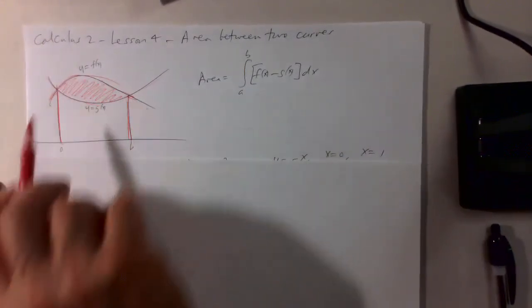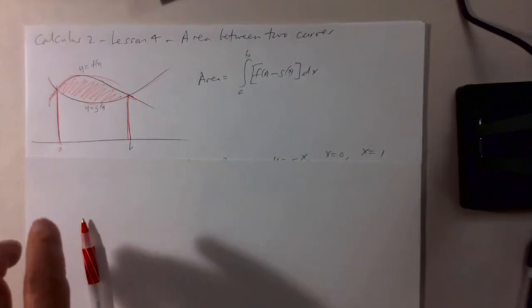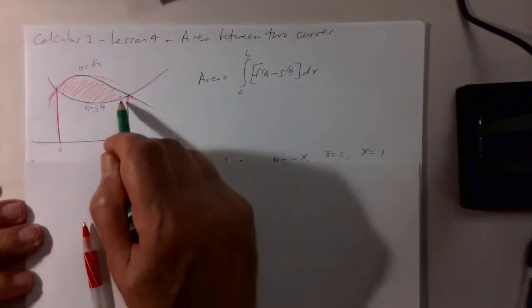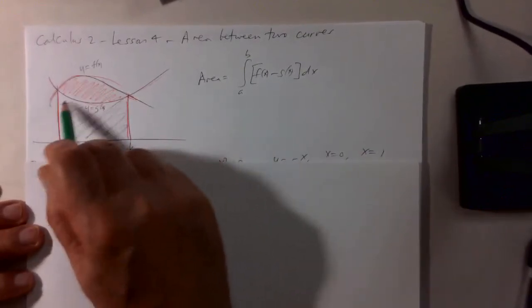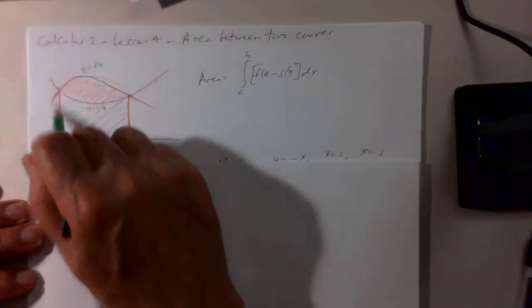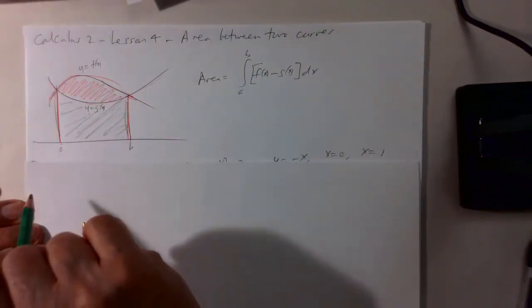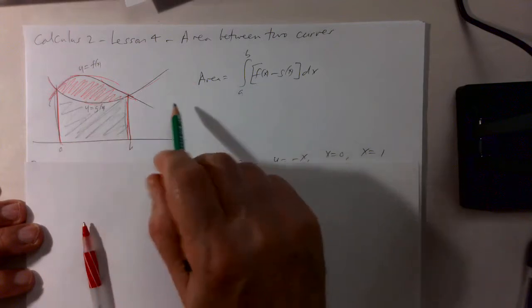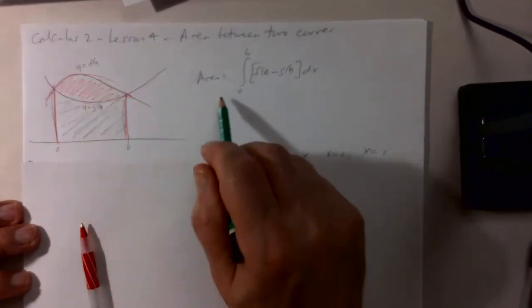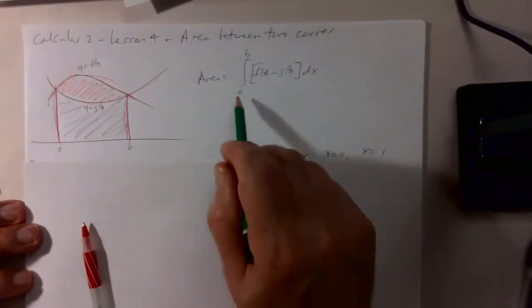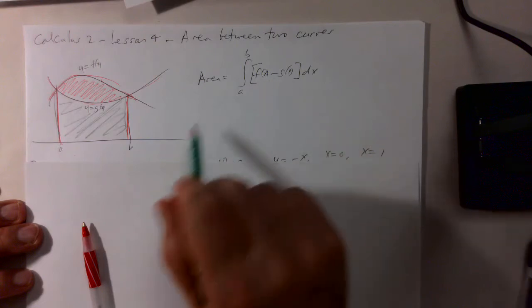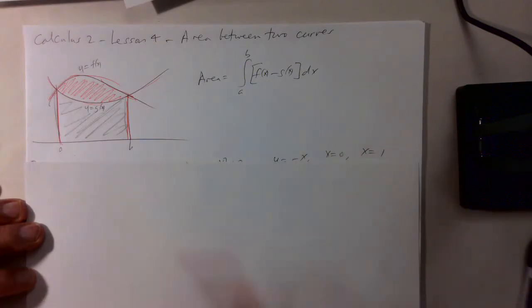And the integral of g of x is the area of this region under the curve g of x. So if I take this area and subtract this area, I get what I want. So the integral that expresses the area between these two curves is the integral from a to b of f of x minus g of x dx.